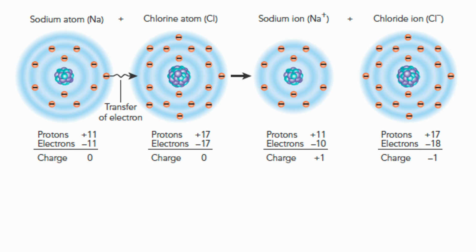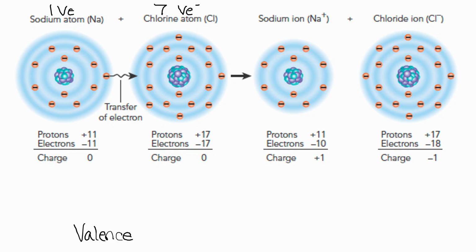So let's look at an example of how this works. Again, we have sodium and we have chlorine. But remember, we are only looking at the valence electrons, the electrons in the outermost shell. In sodium, we have one valence electron, and in chlorine, we have seven valence electrons. Remember, we want to have a full outer shell to be happy.